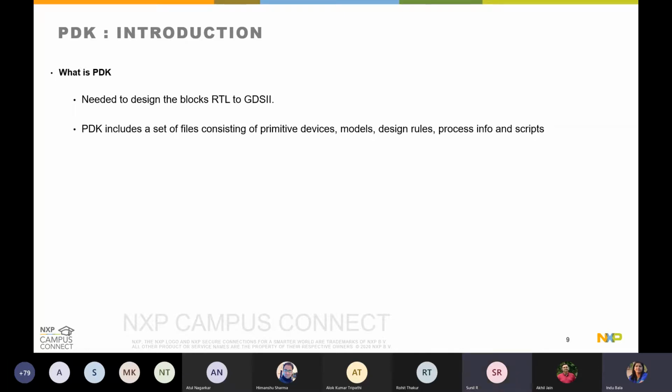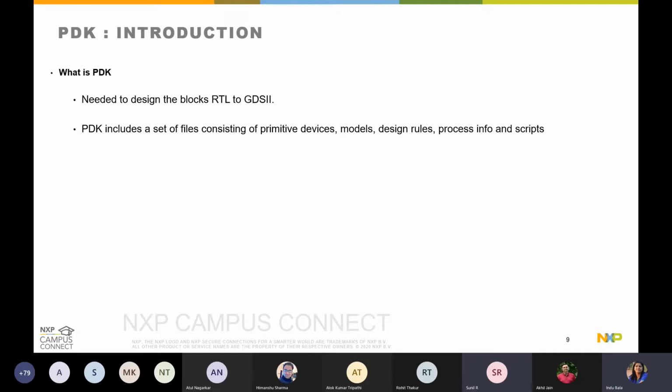Then we have process info. What does process info mean? It is how your device will behave when it is being manufactured, or how your circuitry will behave when it is manufactured.